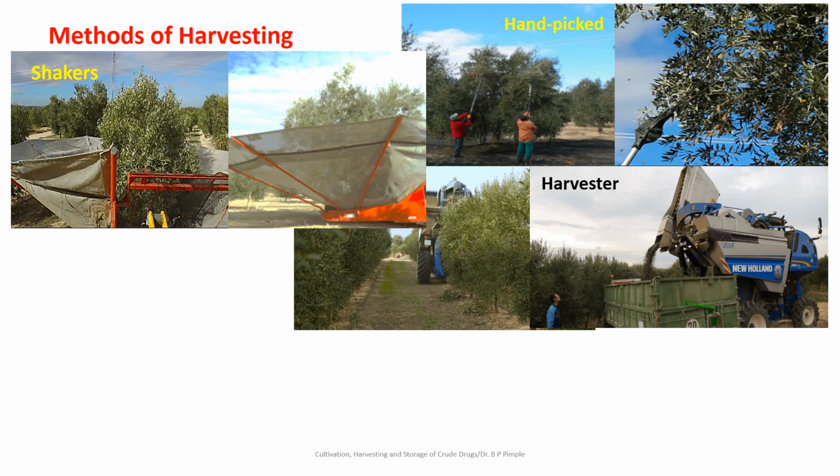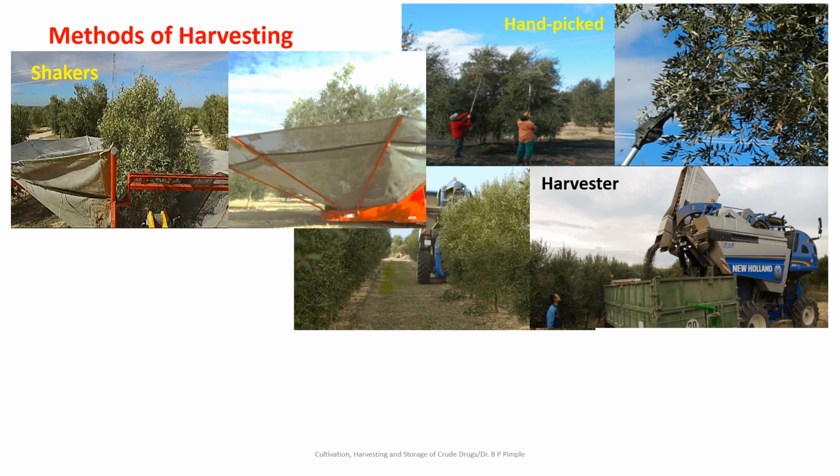Then certain mechanical harvesters are there, generally for harvesting sugarcane or potatoes. In most of the European and US countries, mechanical harvesters are utilized.